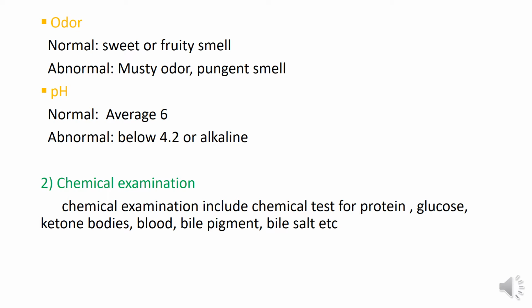Next is pH. Normal urine pH is acidic, with an average pH of 6, but abnormal is below 4.2 or alkaline.